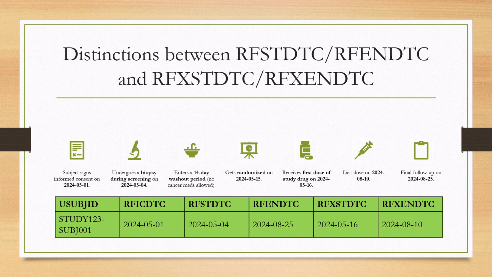The start of the trial can be the first dose of the study drug, or it can be the date the subject has enrolled in the study, signed the informed consent form, or has undergone an assessment during the screening period, as defined in our study protocol. However, the RFXSTDTC will always be the first dose of study drug received by the subject.